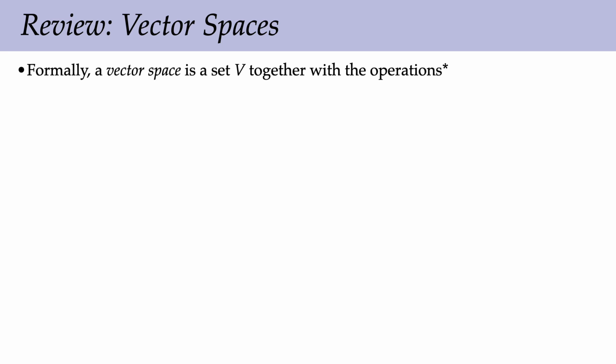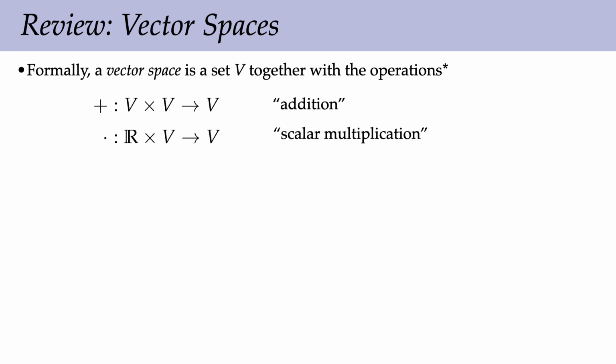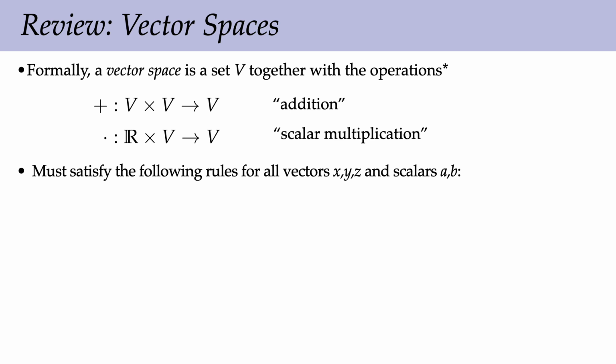So what is a vector space more formally? Well, formally, a vector space is a set V together with the operations of addition, which take 2 vectors and produce another vector, and scalar multiplication, which takes a number and a vector and produces another vector. These operations have to satisfy some rules for all vectors x, y, z and scalars a, b. In particular, x plus y has to be the same as y plus x.